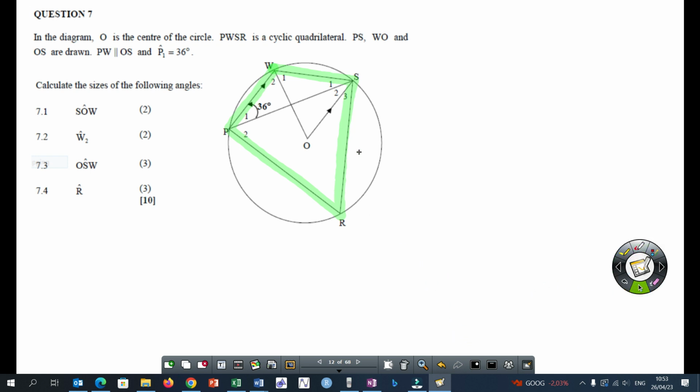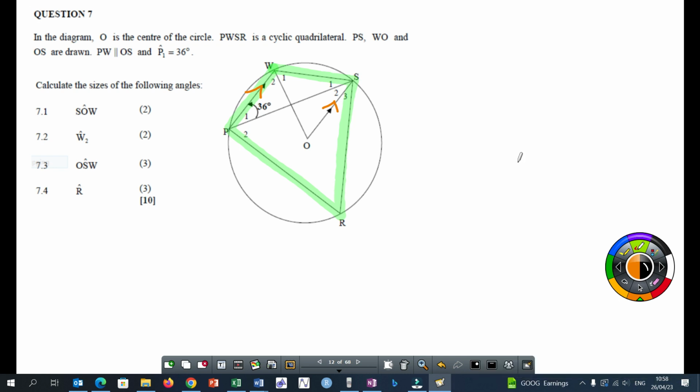Okay, so it's supposed to be like that. Alright, so let me indicate it. So we have PW being parallel to OS, like that. Obviously, we have this angle here, P1 equal to 36.